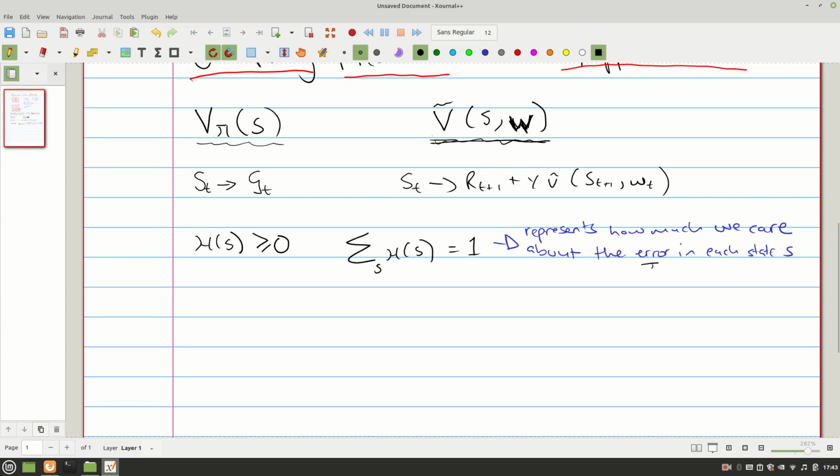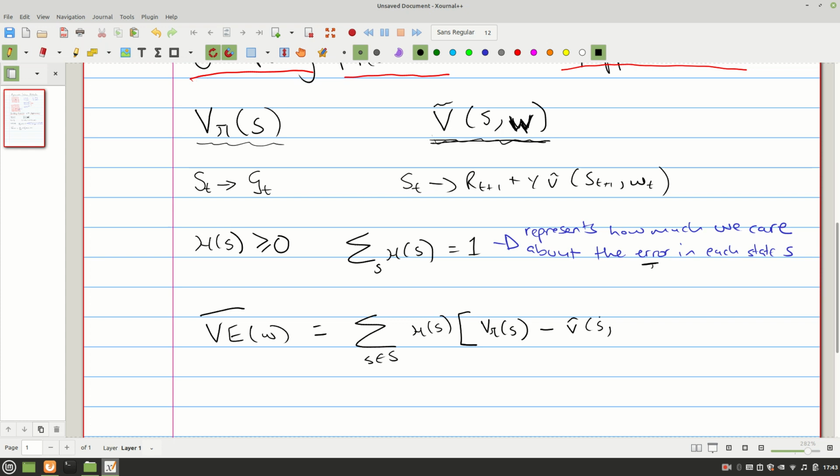The error itself is defined as VE of w, and we define this as being equal to the summation over all states of µ(s), which again represents how much we care about the state, times v_π(s) minus v(s, w), squared.